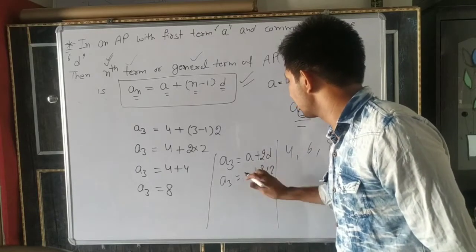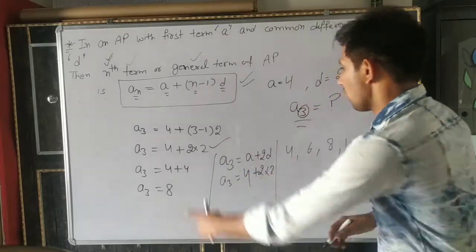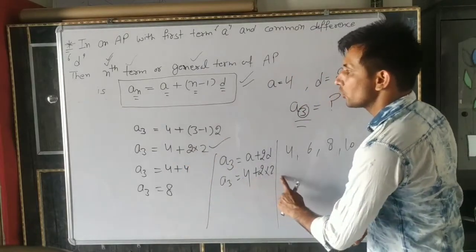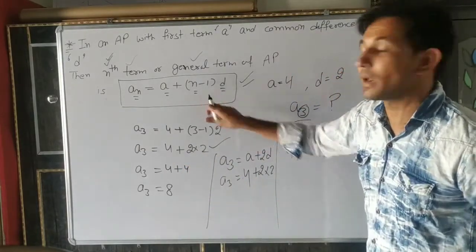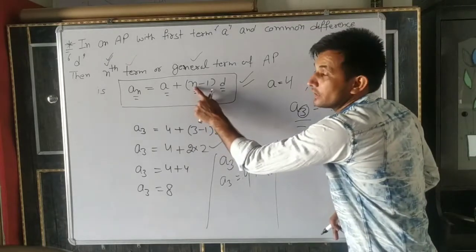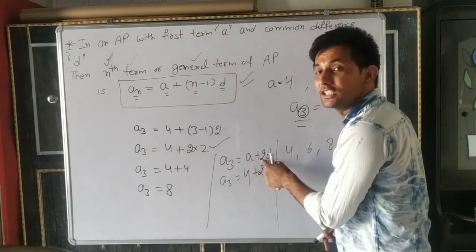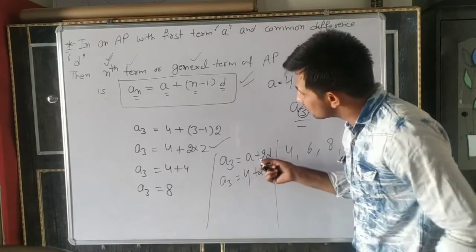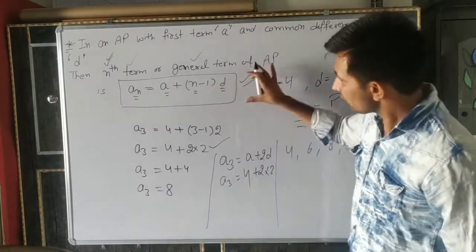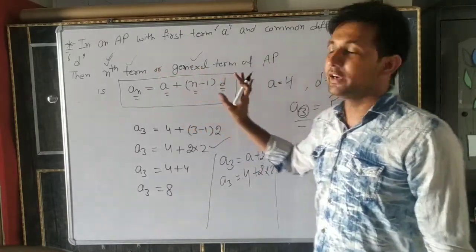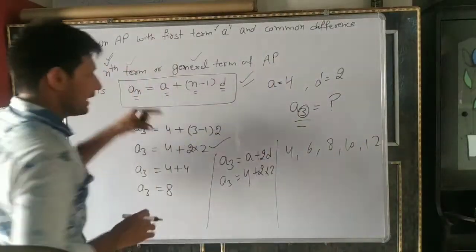Look, same, 4 plus 2 into 2. Otherwise you can use this formula, because in place of n, 3 minus 1 is 2, it is 2D. It is a short form, and the complete formula is this one.